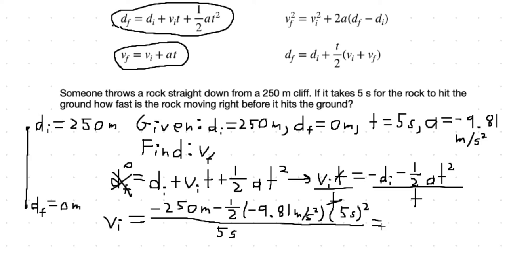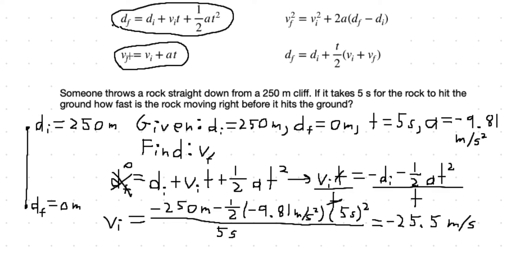So now if I plug this into a calculator, I'm going to get negative 25.5 meters per second. So that gives the initial velocity. So we have initial velocity.